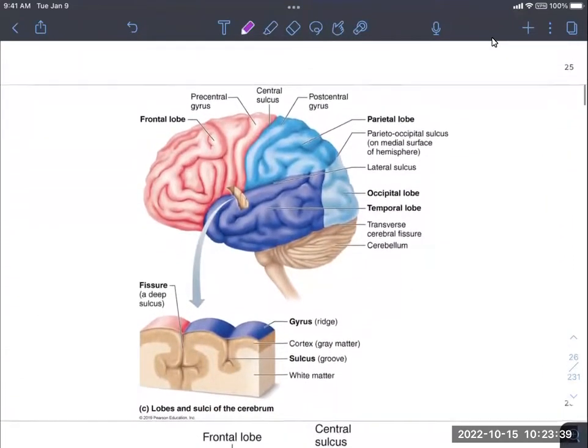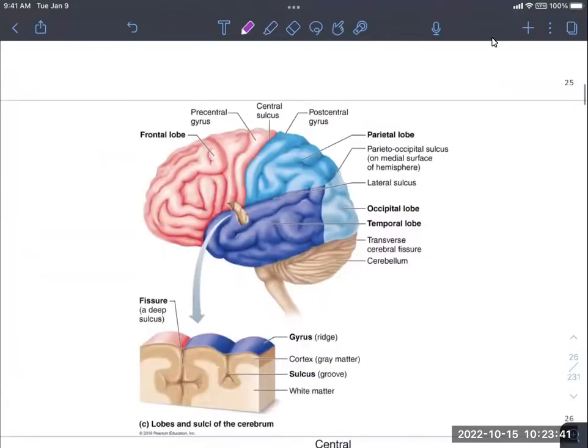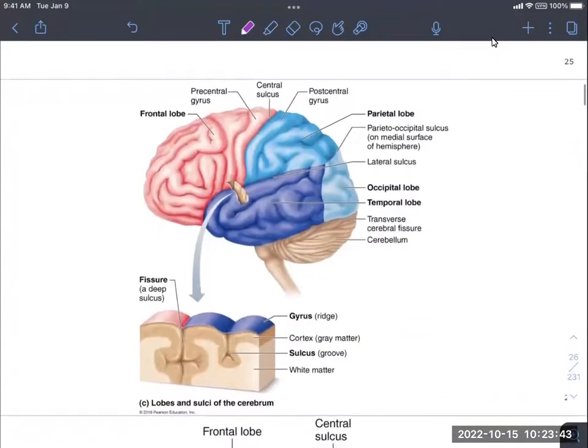So here's a picture that shows each of the different lobes. You have that frontal lobe, parietal lobe, temporal lobe in dark blue, occipital lobe in light blue. You still have that cerebellum. You can also see the gyri or gyrus, which is that ridge, that part that goes up.